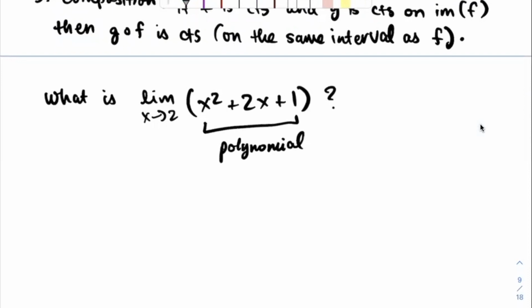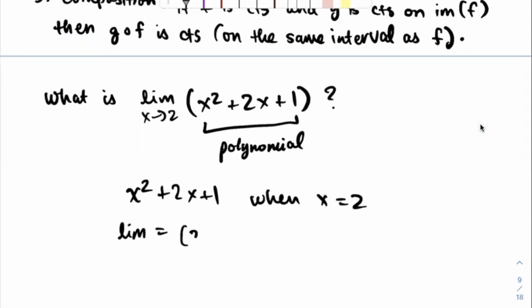And what that means is that the limit as x goes to 2 of this function has to be equal to x squared plus 2x plus 1 when x is 2. And so we can just substitute that, and so the limit will have to be equal to 2 squared plus 2 times 2 plus 1. And I believe that that's equal to 9.